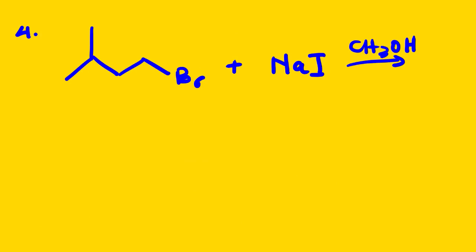Now let us look at this one. We can see the substrate. We analyze now. The substrate is a primary. We look at the nucleophile. We know that this will be Na. So you can see that we have a strong nucleophile.